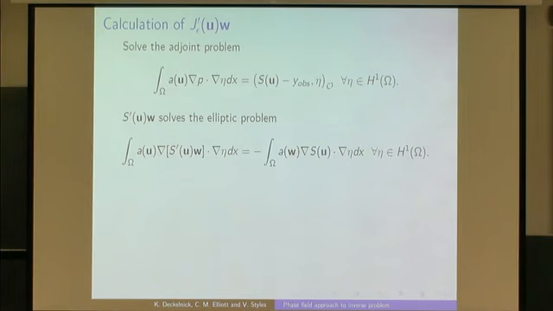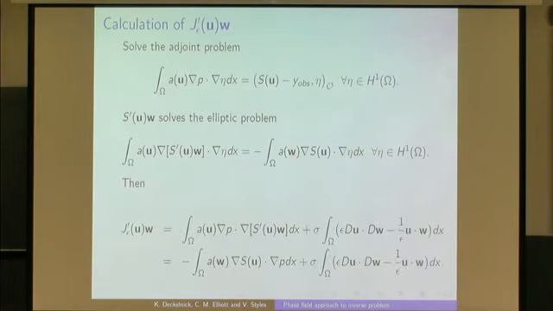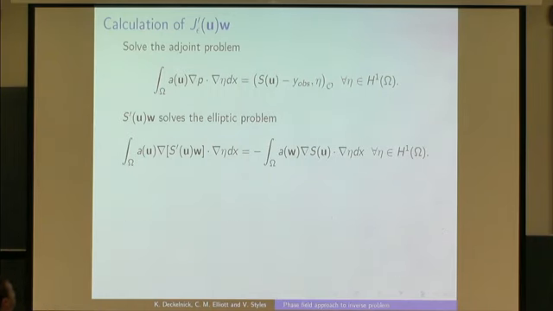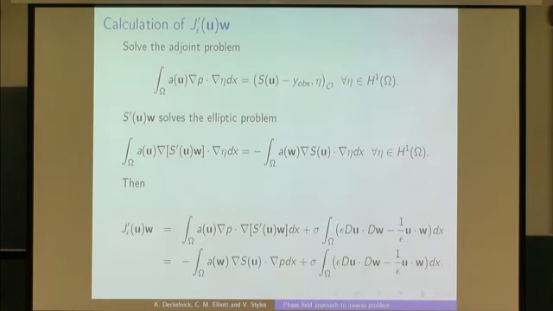So now you can put everything together. I've done this here, but maybe to see it, I go back to the previous slide. So here, first of all, in this term, we use this function as a test function. And so then here you put in S'(u)w as a test function.